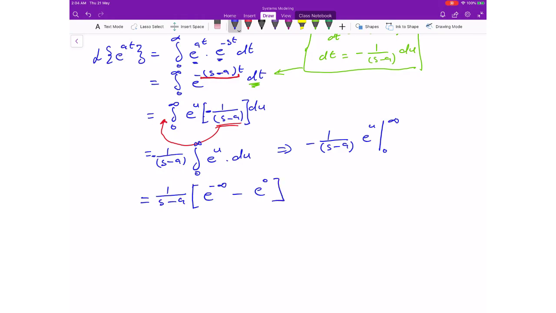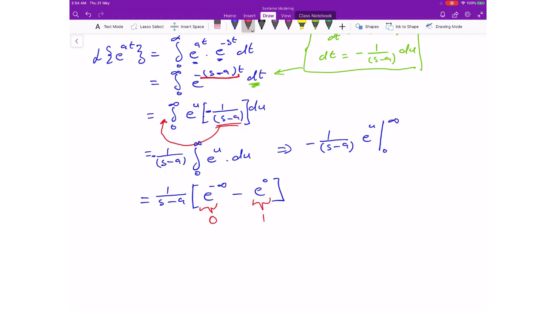So we are evaluating between minus infinity and 0. This part is going to go to 0, and anything e to the 0 is 1, and this is going to be 1.